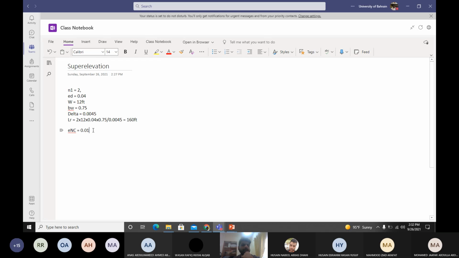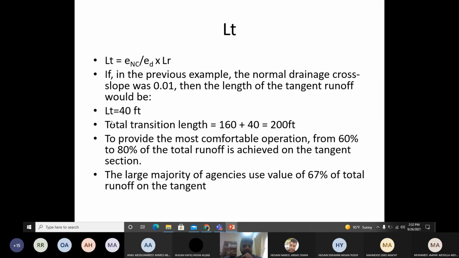So ENC, let's say it is this much, then LT is 0.01 divided by 0.04, the super elevation you want, into 160, the value of LR. Okay, so it will be 40 feet. Right? 40 feet.